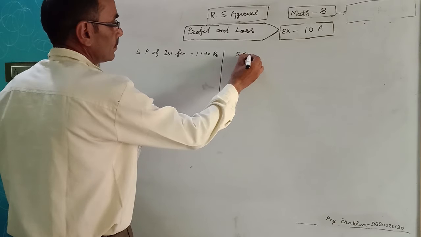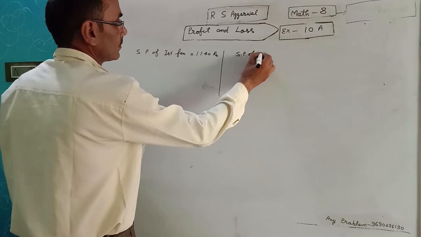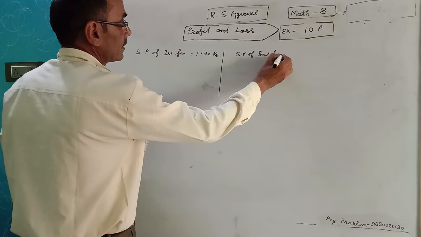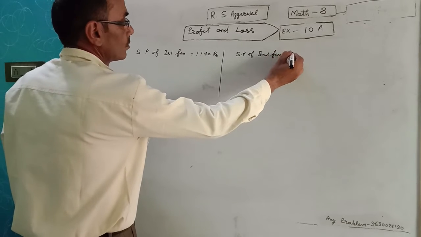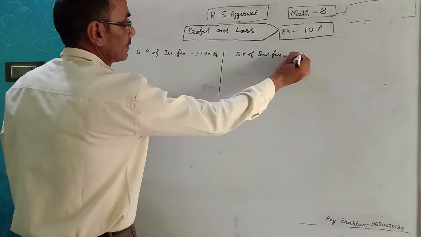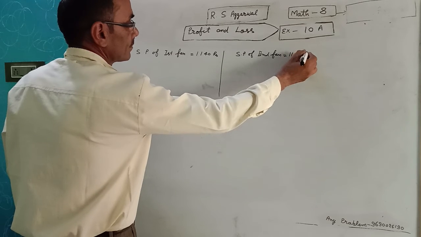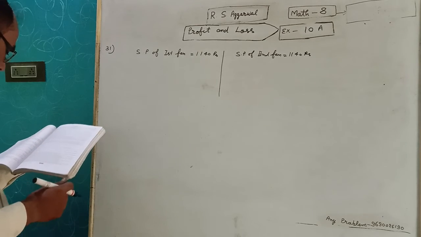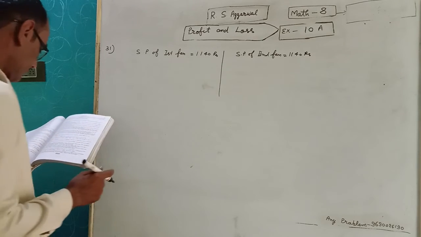SP of second fan is equal to SP of both fans, 1140 rupees.